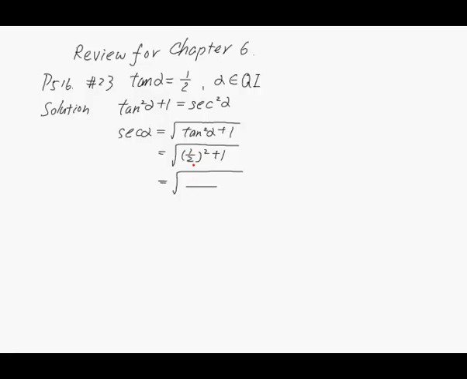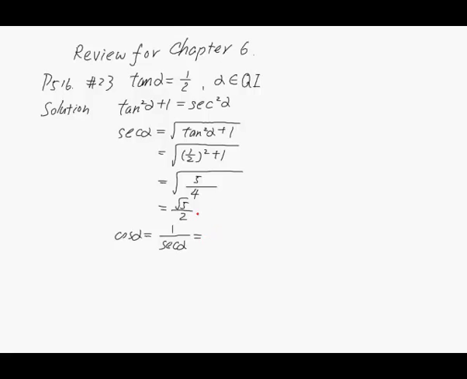So this is 1/4 plus 1. You have 5/4, right? And then you get root of 5 over 2. So this is secant alpha. Then after we find the secant alpha, we can immediately get the cosine alpha, which is the reciprocal of secant alpha.